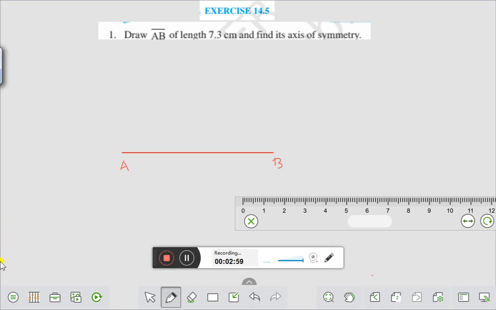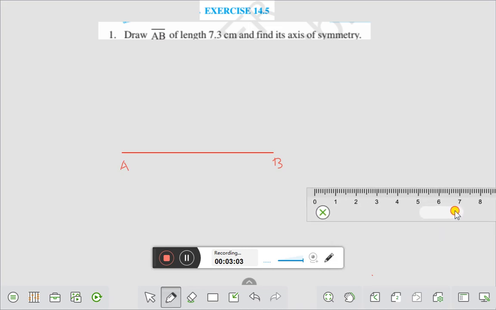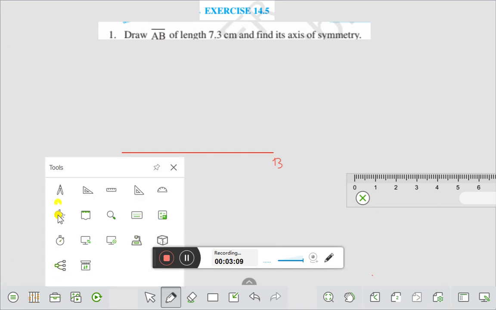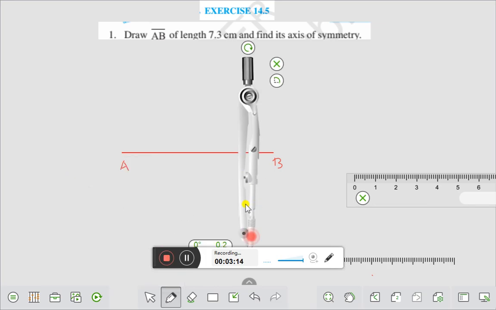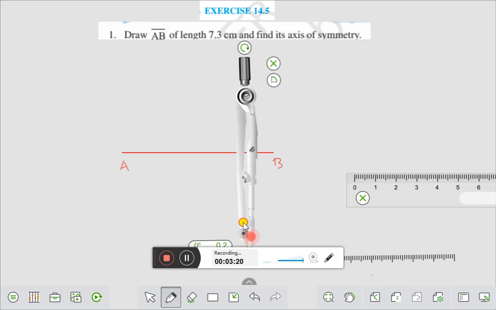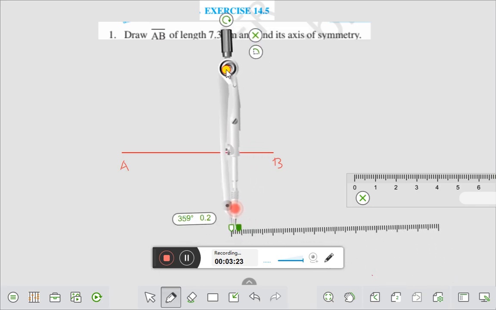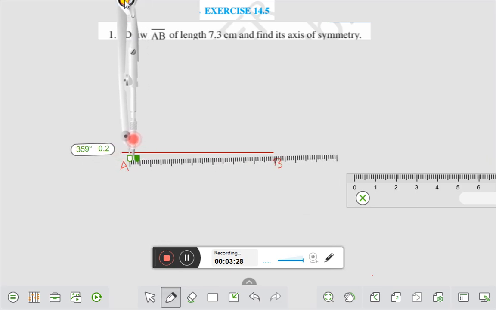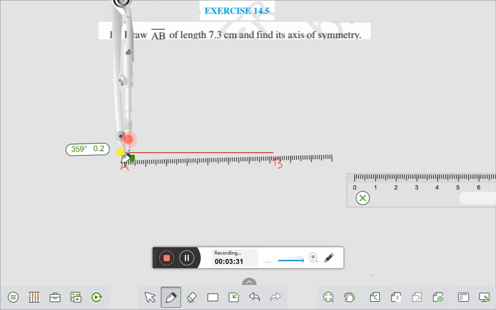Then we have to take a compass. Let us take a compass. We are taking a compass, right?